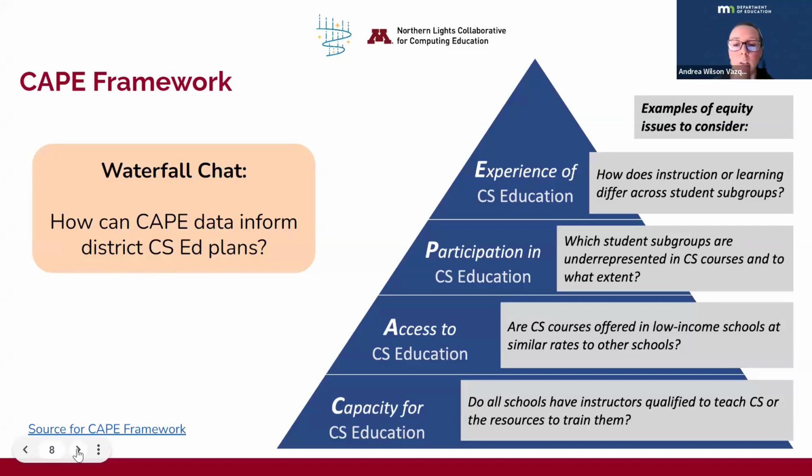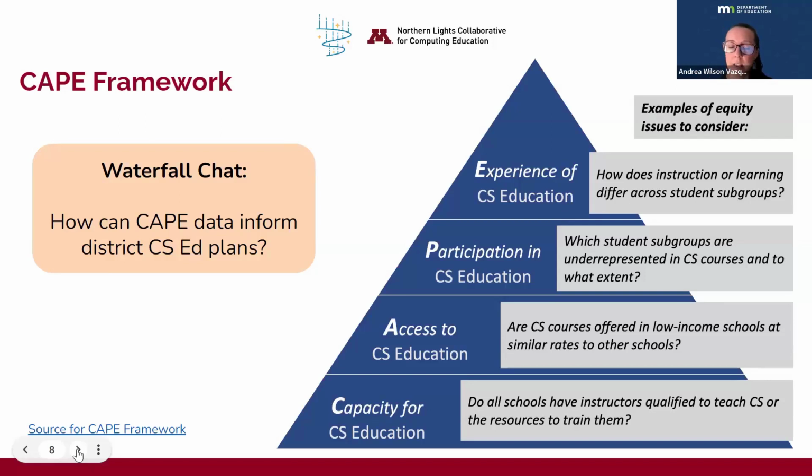It was developed out of the University of Texas at Austin, and has a lot of really important applications. You'll see there that the base of the pyramid is all about the capacity for computer science education. So thinking about educators, infrastructure, policies, all of that capacity piece really sets the foundation for the ecosystem to be as equitable and sustainable as possible.